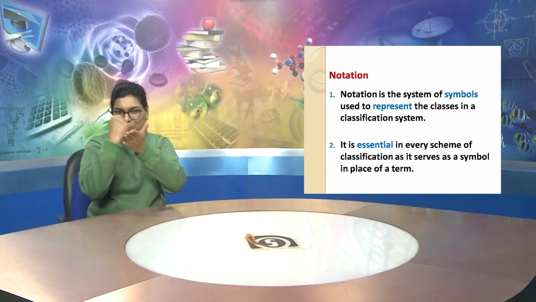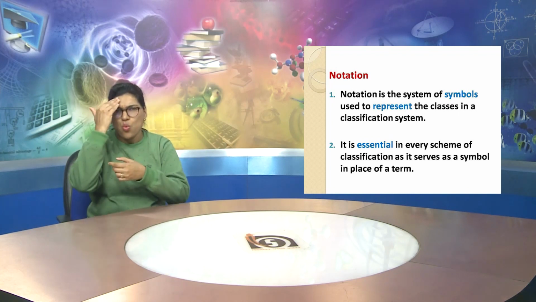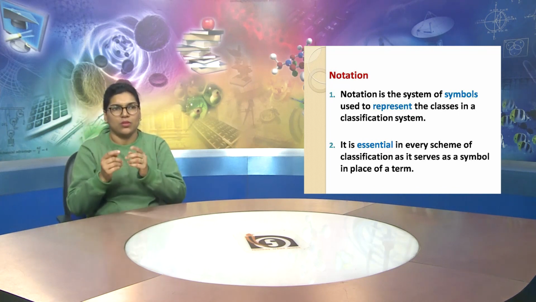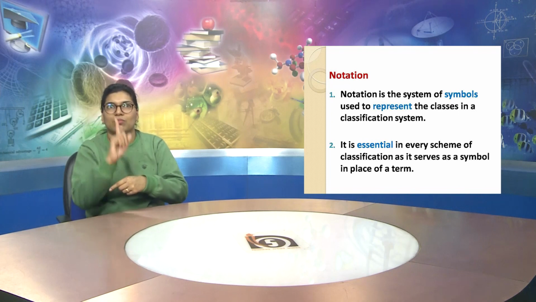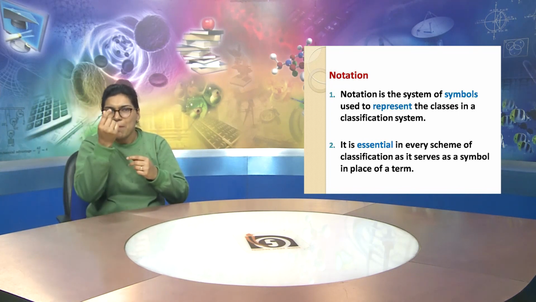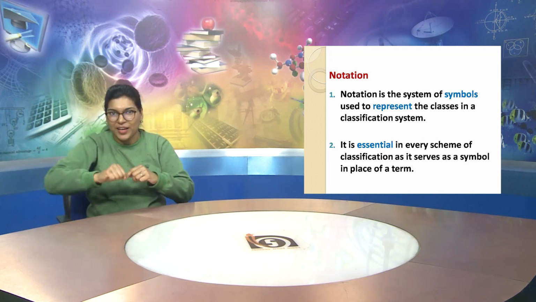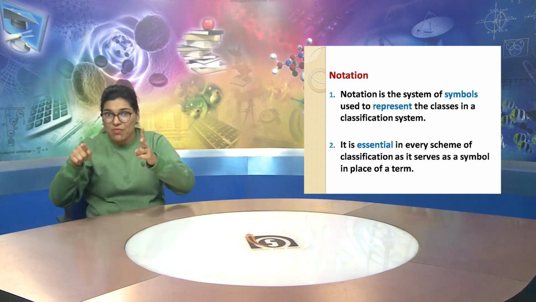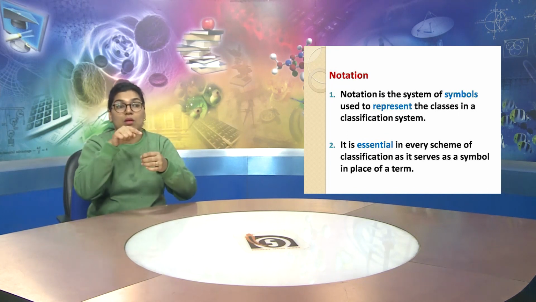Point 1. Notation is the system of symbols used to represent the classes in a classification system. We all know that there are different symbols. Like in India, we have a symbol for rupees.